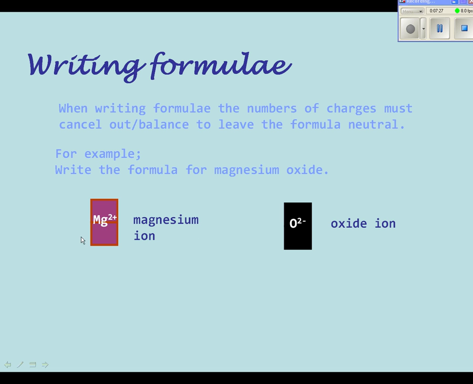The size of the ions or the charges are identical but of opposite sign, which means that when they're matched together, 1 to 1, they cancel each other out. 2 positives with 2 negatives cancel out. So the formula for magnesium oxide would only need to contain 1 magnesium with every 1 oxide, and we'd write that as 1 Mg with 1 O, as such, MgO.